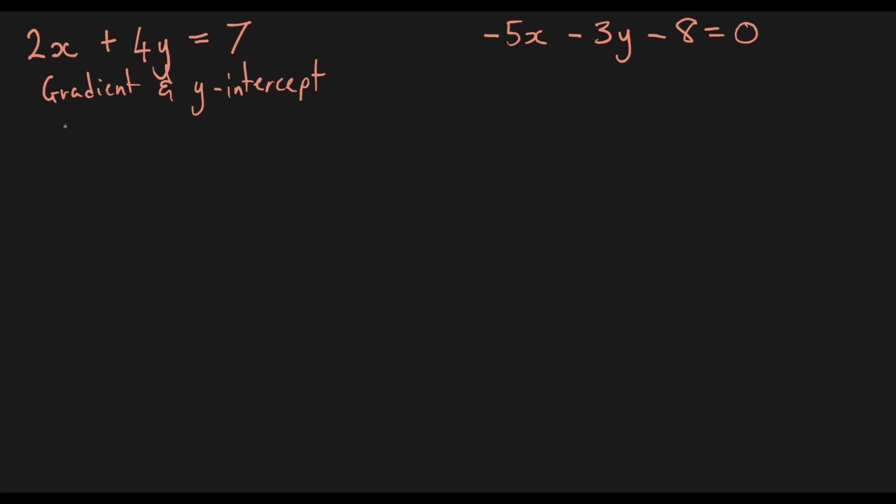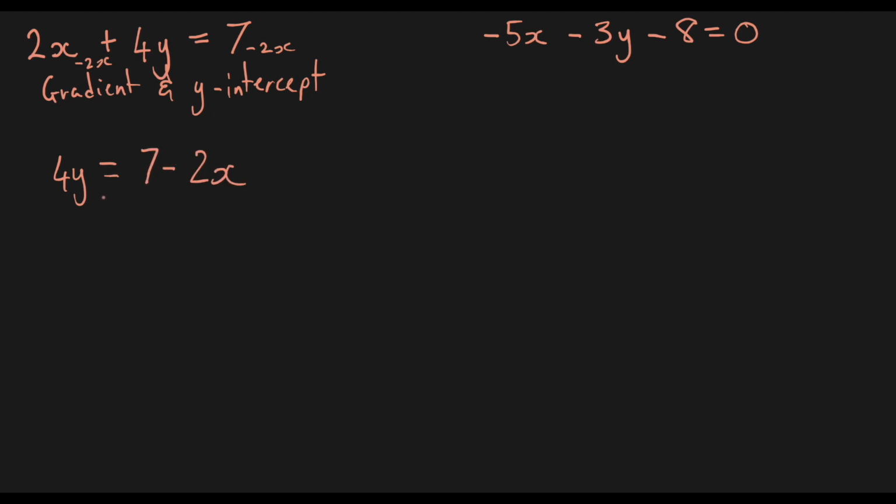Alright, so for this first one, we're making y the subject. The first thing we could do is we have 2x on both sides, so we could subtract 2x on both sides. Once we do that, we'll get rid of this 2x here. So we'll be left with 4y is equal to 7 minus 2x.